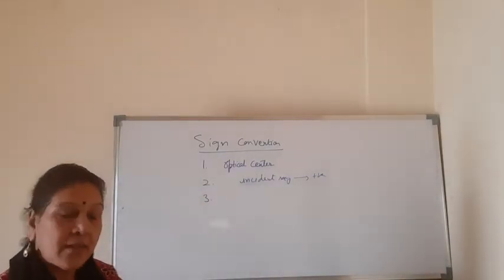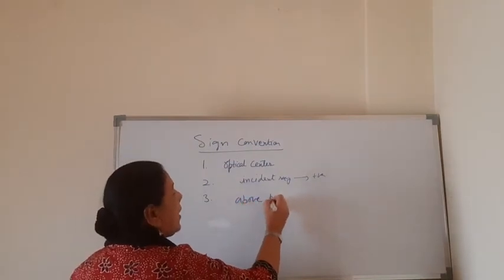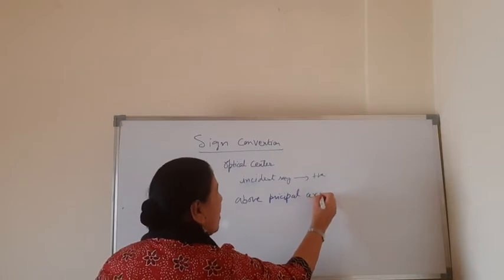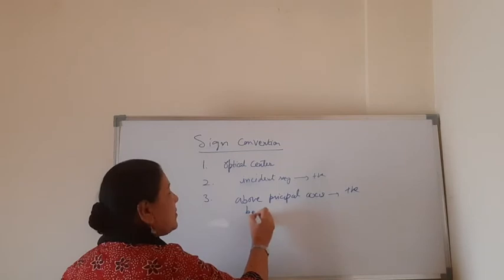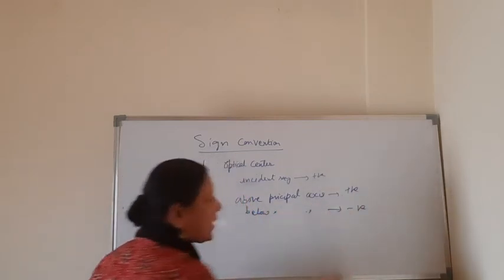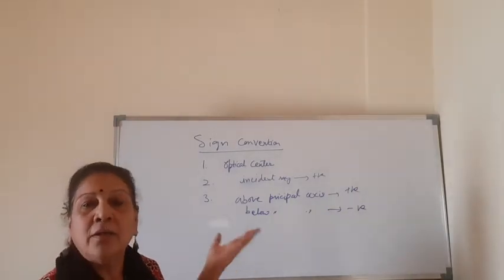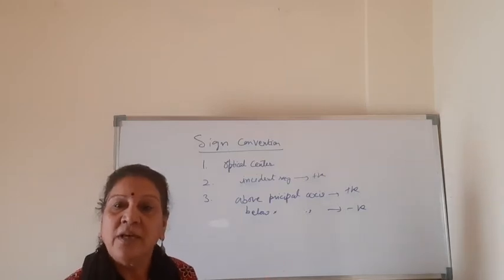All the measurements above the principal axis are taken as positive and below the principal axis are taken to be negative. Actually, we follow here the sign of distances. The rules are the same as for the sign of distances.